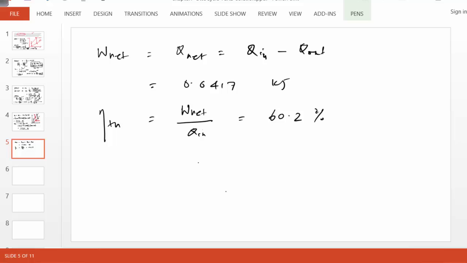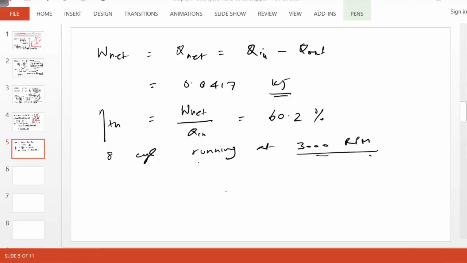Let's just turn the problem slightly around and find some other numbers so that the definitions are clear. Notice W net has the unit of kilojoule. What does it mean? That means one cycle produces this much amount of work. So just suppose we have an 8-cylinder car or 8-cylinder device running at 3000 RPM.